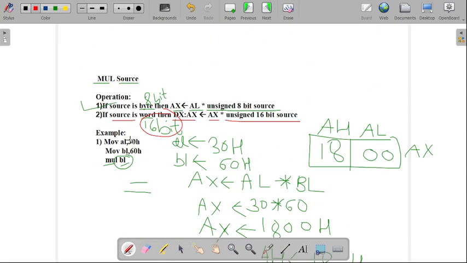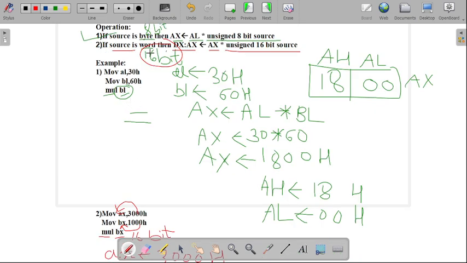In the case of the multiplication instruction, whenever an example is given, we check whether the source is byte or word. If it is 8-bit, then the result will be stored in our AX register, and if it is 16-bit, then the result will be stored in our DX colon AX register.